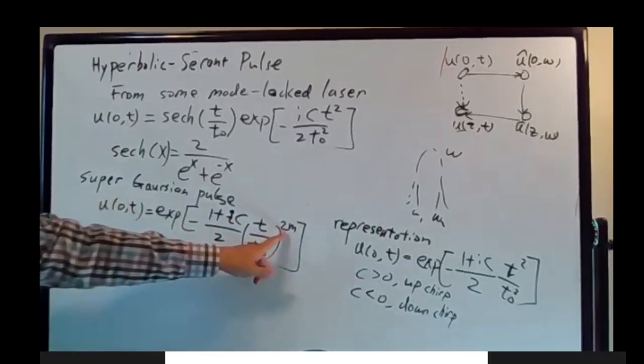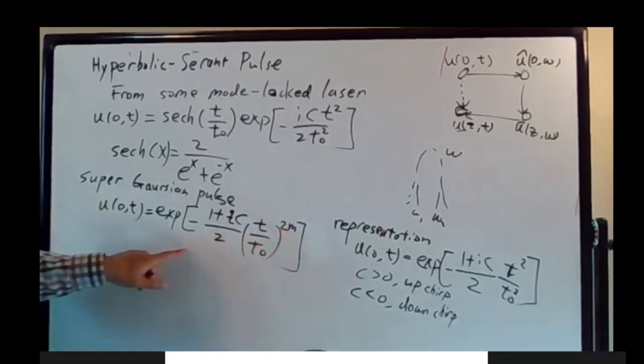Usually the Gaussian pulse has just the power 2, right? But now we have 2m.